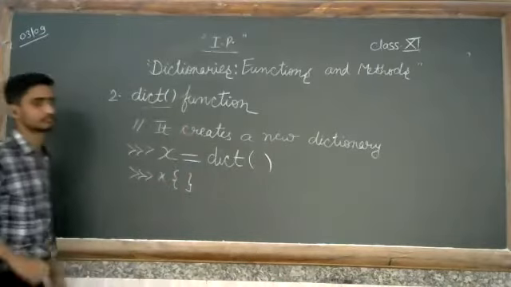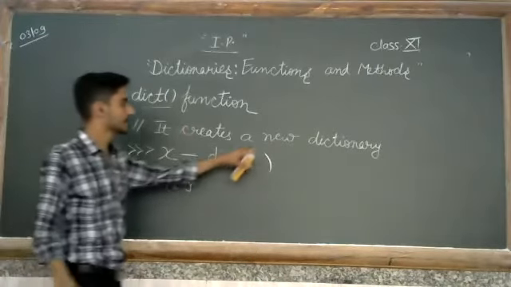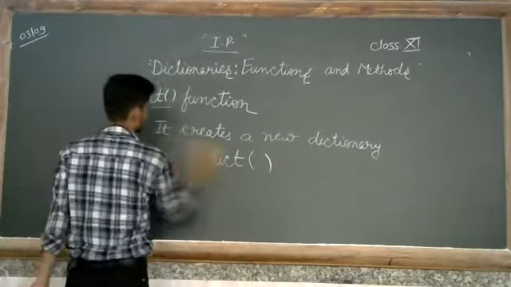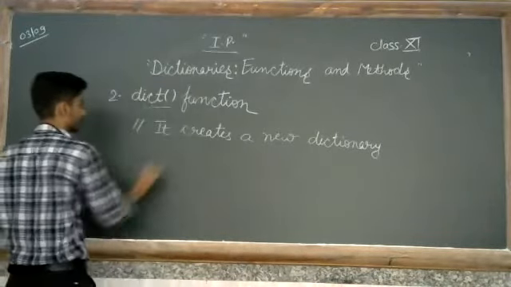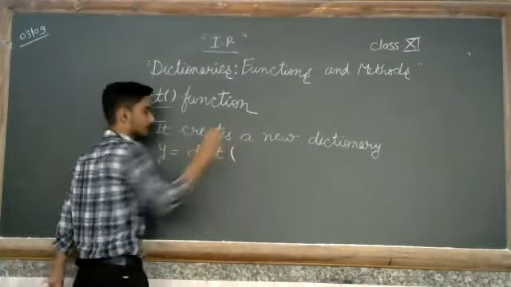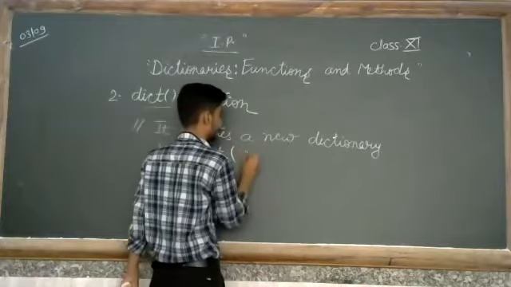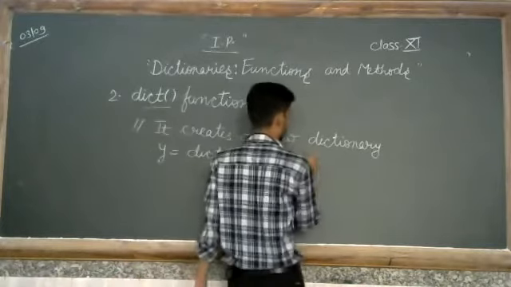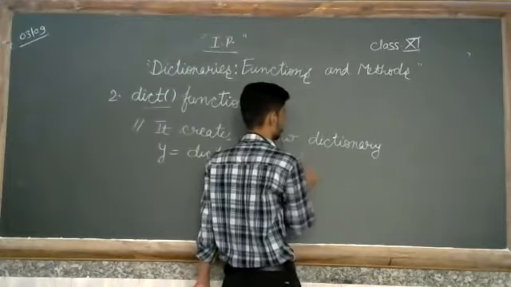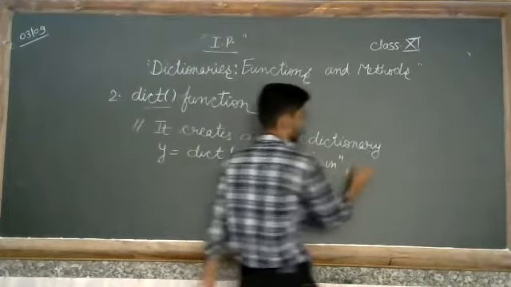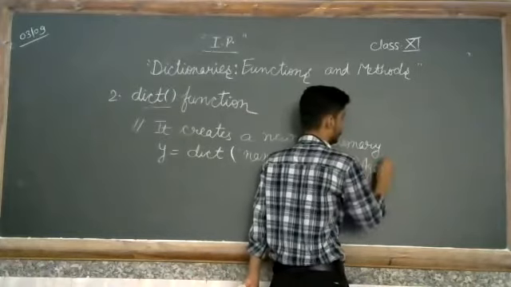This will be my output. But what if I need to insert data in this dict function? Then I am creating a dictionary using dict. Here I will pass name, then I will pass, let's say, Arun. Then I am writing age.